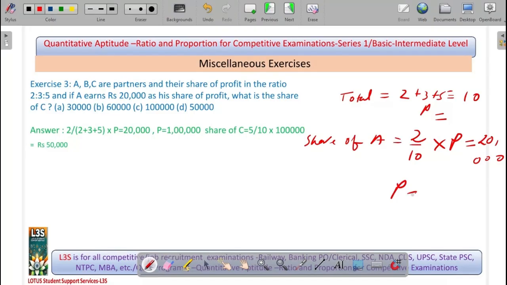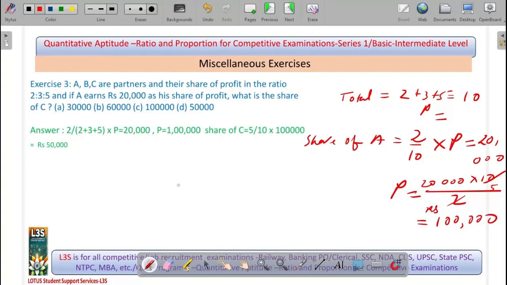So the total amount P will be 20,000 into 10 by 2, that is 5, so this will be 1 lakh rupees, 1 lakh total amount.